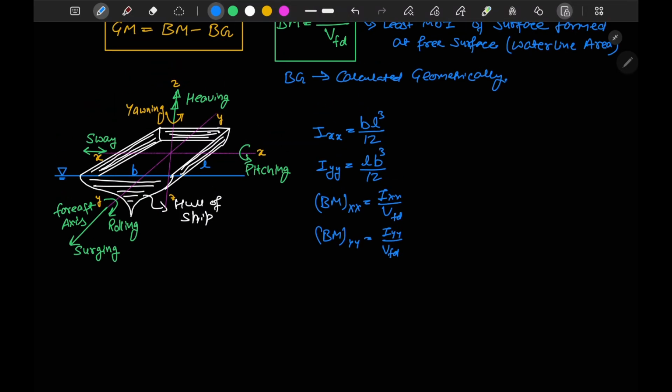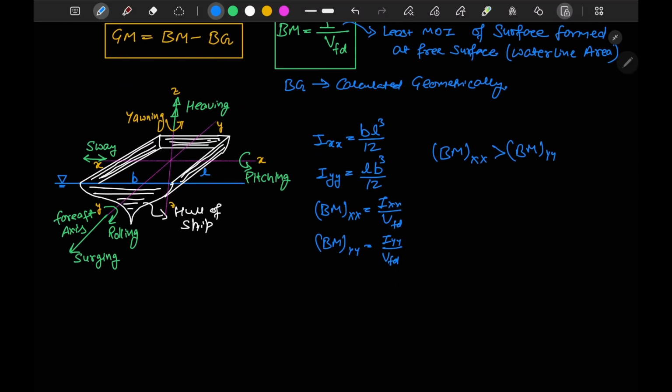Since your Ixx is greater than Iyy, BM for xx is greater than BM of yy. So BM for pitching is greater than BM for rolling.